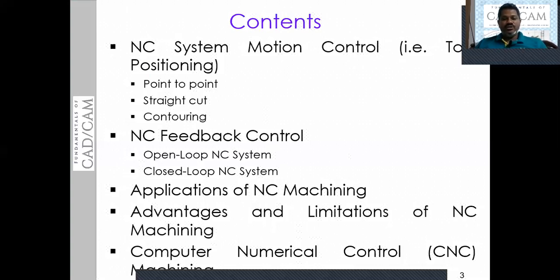Then we will discuss the applications of NC machining, the different applications of NC machining. Then we will see the advantages and limitations of NC machining. Finally, we will see the introduction to numerical control and computer numerical control machining, CNC machining only.